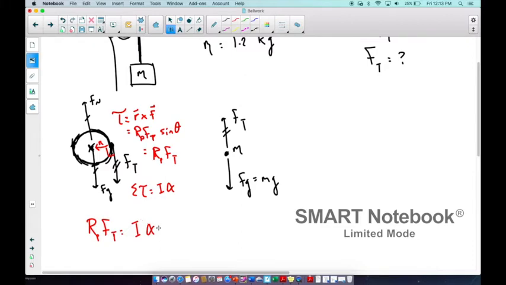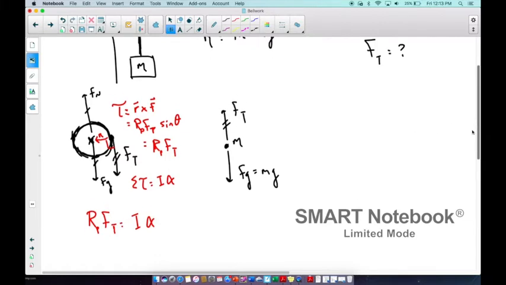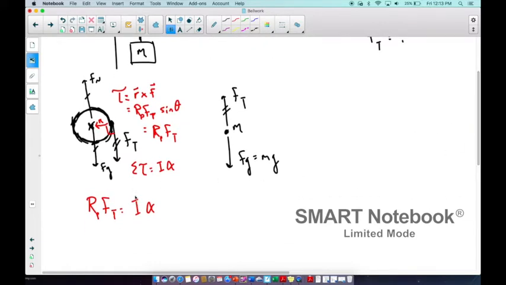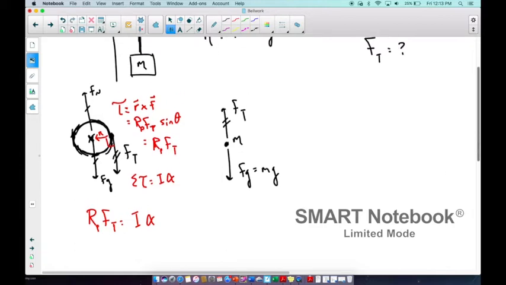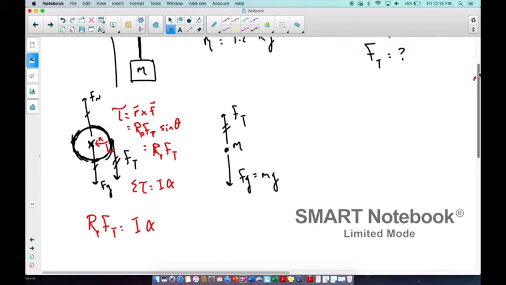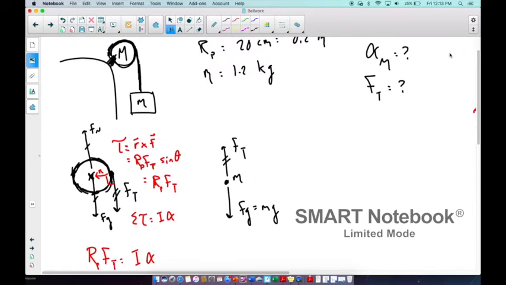That is a Newton's second law expression for a rotating object. Does this make sense? This is exactly like writing sigma F equals ma, all right? Now I could keep on fleshing this out. I'm just trying to use Newton's second law to build some equations, so that I can start to solve for some of these unknowns.